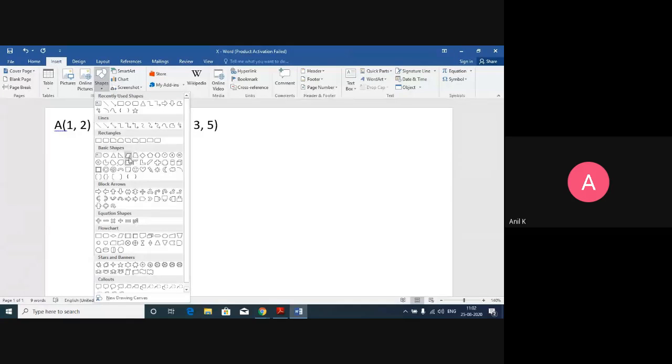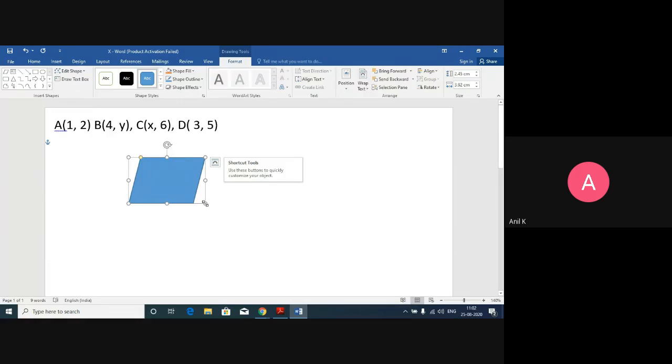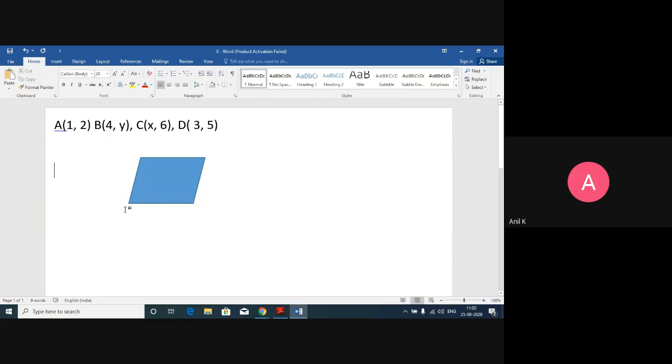There is one more property using the section formula, the midpoint formula. ABCD is a parallelogram. Let me start from here, this is point A, and we call this point B, then we rotate here, point C, then point D. So I have taken all four points ABCD as the parallelogram. One option is the distance formula, but that is going to be lengthy.